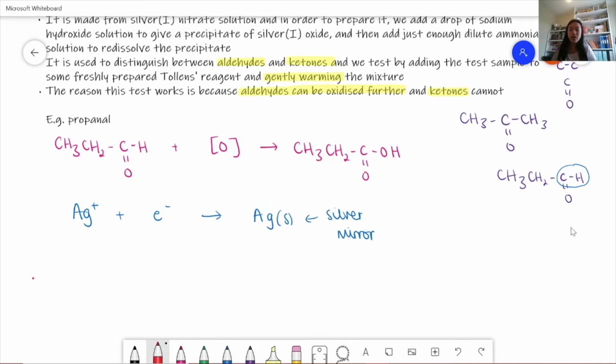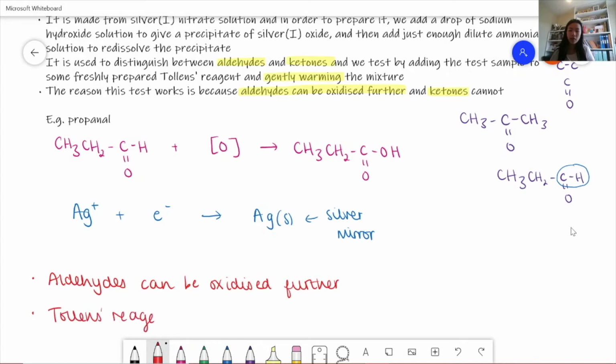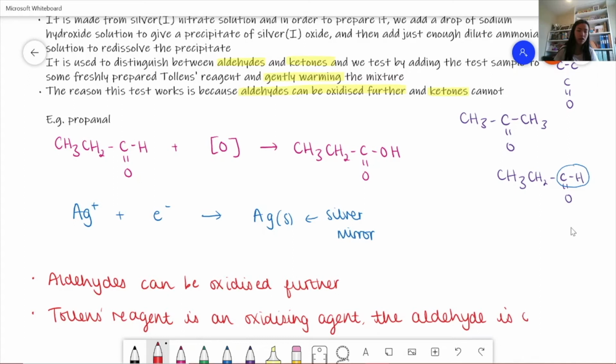So the key things are that aldehydes can be oxidized further. Because this Tollens reagent is an oxidizing agent, the aldehyde is oxidized.